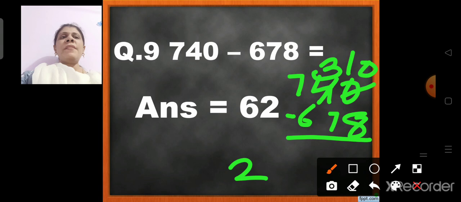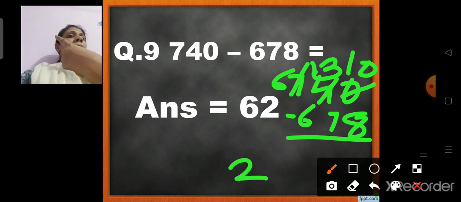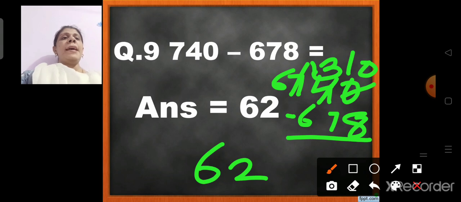Now 3 minus 7 is again not possible, so it will become 13. And I borrowed this 1 from 7. 7 will become 6. So 13 minus 7, after 7, 8, 9, 10, 11, 12, 13. That is 6. 6 minus 6 is 0. So I get my answer 62.